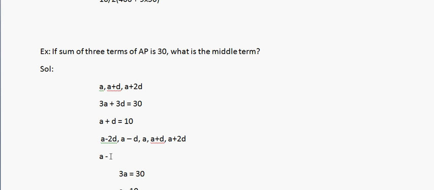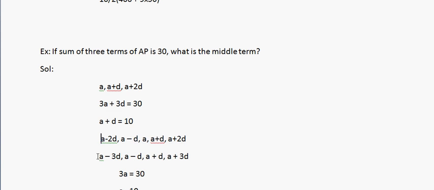So here you can do a minus 3d, a minus d, a plus d, and a plus 3d. Now here the common difference is 2d. If you just see, the common difference is not d, it's 2d, whereas in the previous series the common difference was d.